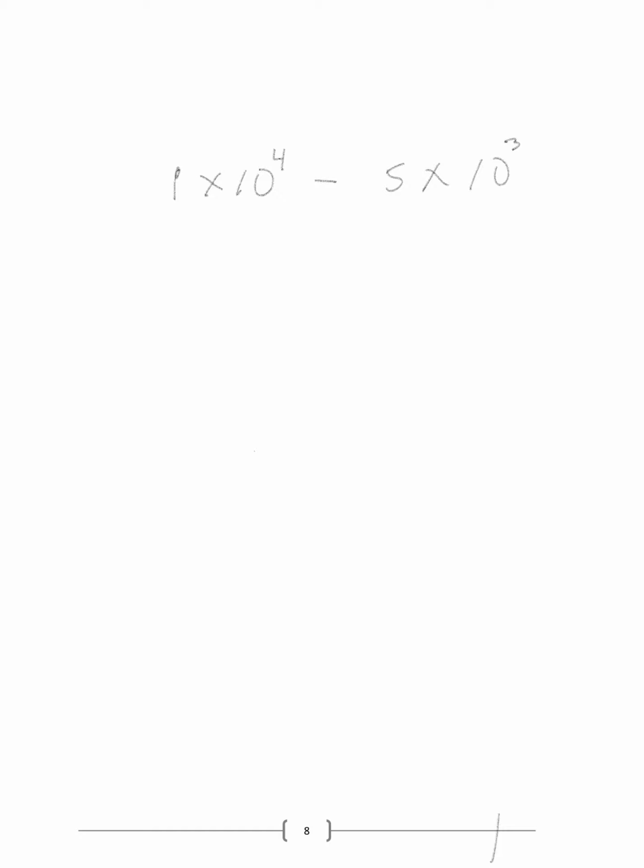I'm going to take this decimal place here and move it one place to the left. By doing that, I need to add 1 to the exponent, which is going to give me 4. So I'm going to have 1 times 10 to the fourth minus 0.5 times 10 to the fourth. I'm going to have 1, and I'm going to subtract 0.5 from it. So 1 minus 0.5 gives me 0.5, so it's 0.5 times 10 to the fourth.